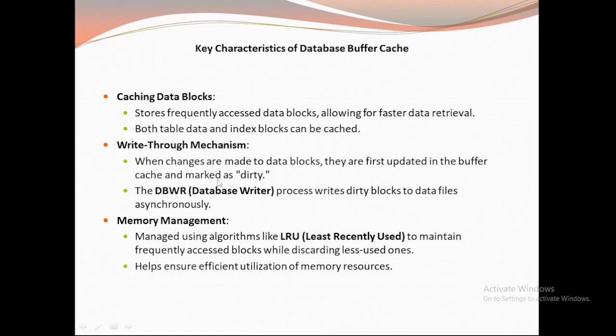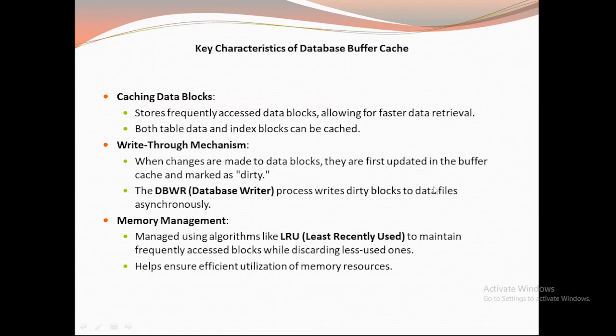That means those blocks have been changed, and these dirty blocks are written back to the database later by the DB writer. This process writes dirty blocks to data files asynchronously.